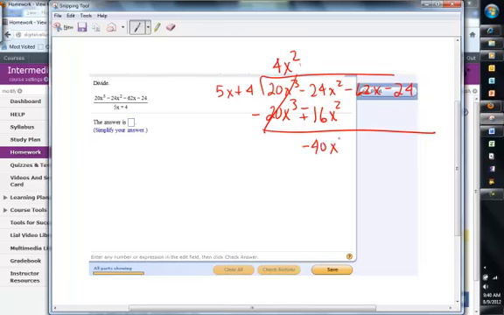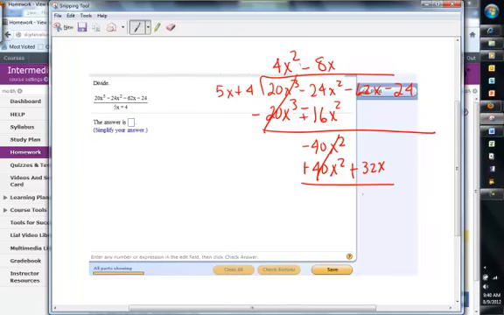40x squared. So we're going to need a minus 8x. Negative 8x times 5x is negative 40x squared. Negative 8 times 4 is negative 32x. Change the signs and add them. These go away.